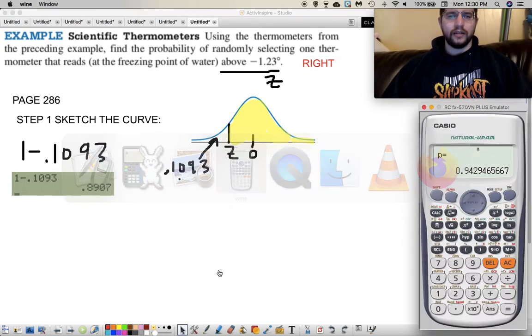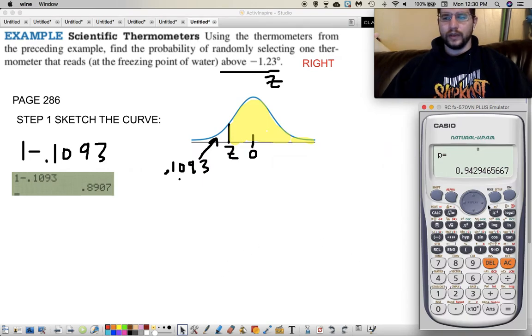So let's look at the Casio. I'm already in the normal CDF. So you can go look back how to get there if you forgot. Our lower bound this time is our Z-score, negative 1.23. Our upper bound is infinity, positive infinity, 1e99, or 1 times 10 to the 99.